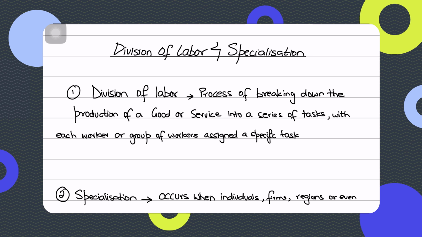And this concept was popularized by Adam Smith in his book The Wealth of Nations in 1776, where he gave this pin factory example, and he showed how dividing the production into different stages dramatically increased the productivity compared to one worker making a pin from start to finish.